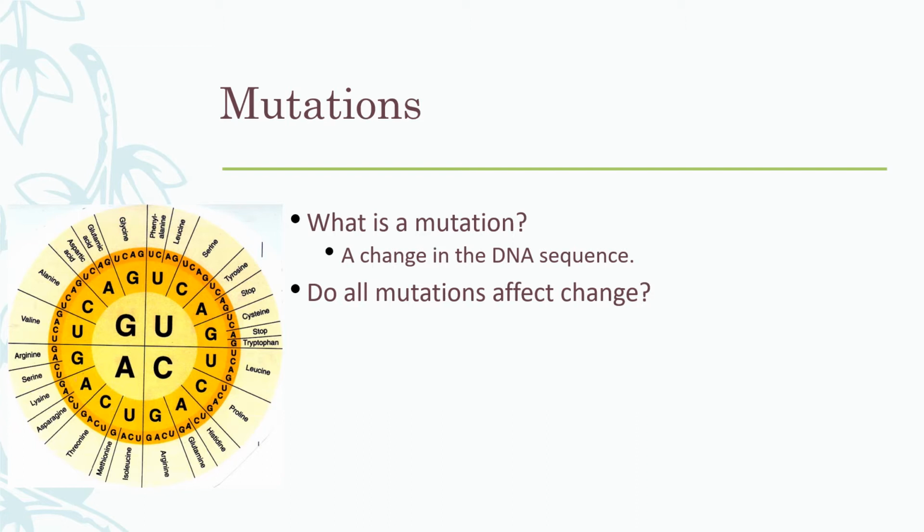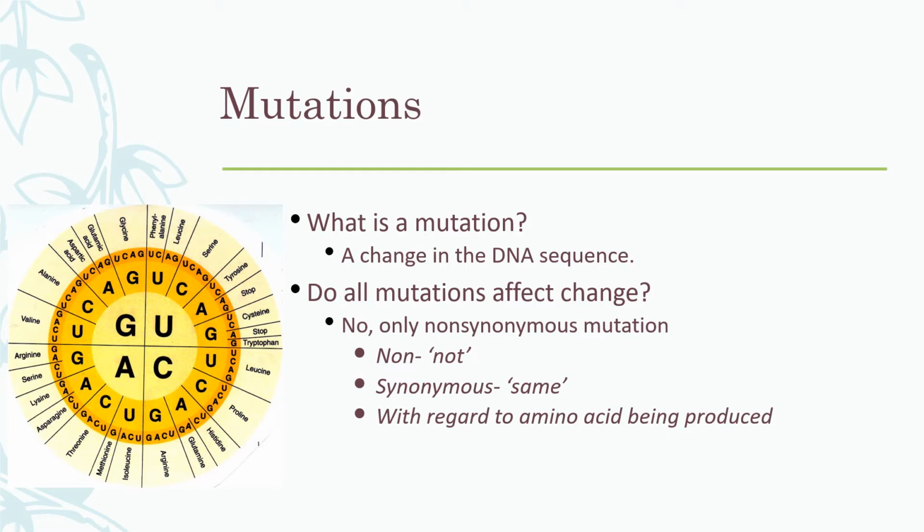There was missense, there was nonsense, there was silent, all right? And silent, we talked about as being kind of the best type of mutation because a silent mutation would change the code, but would ultimately code for the same amino acid being produced, which means we end up having the same protein product that we originally wanted to be produced.